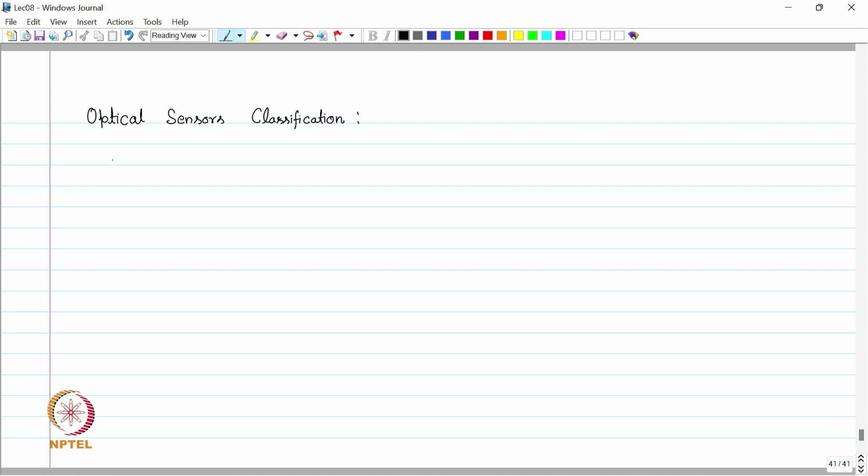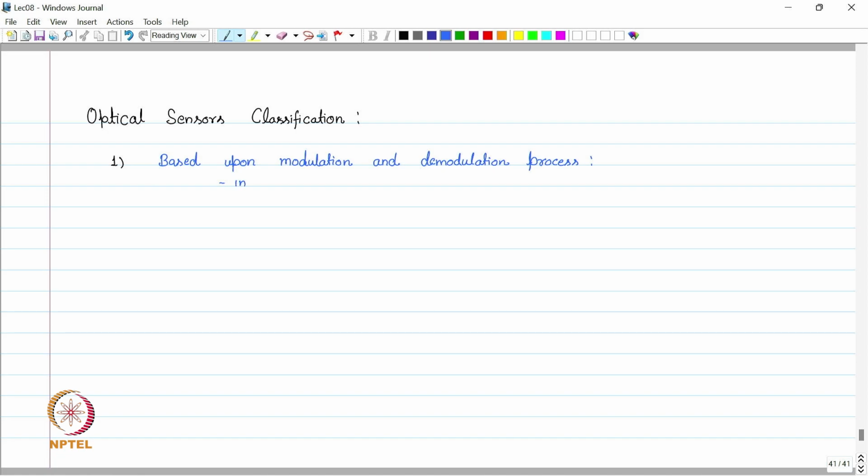So the first classification can be based on the modulation and demodulation process. In this we use multiple parameters.